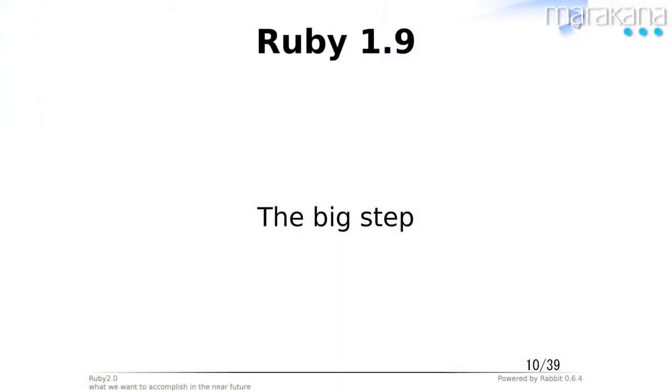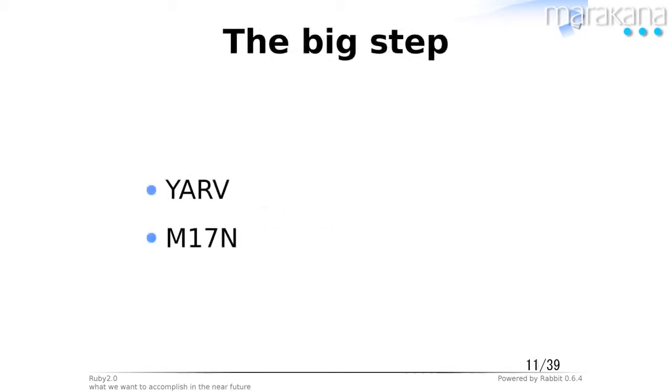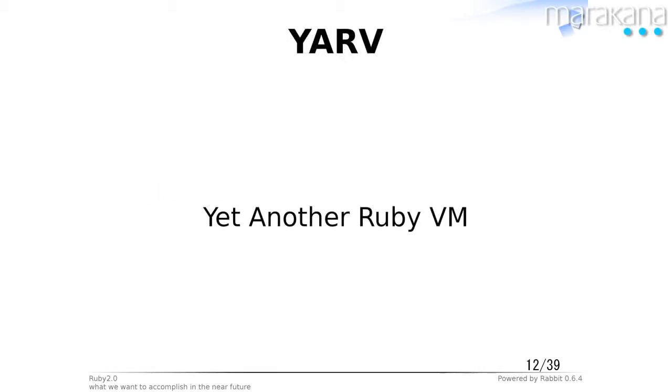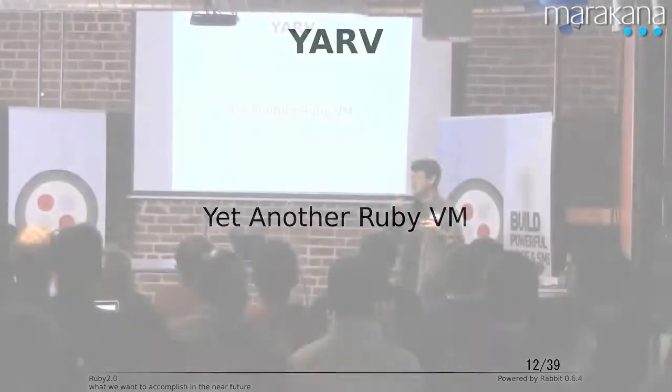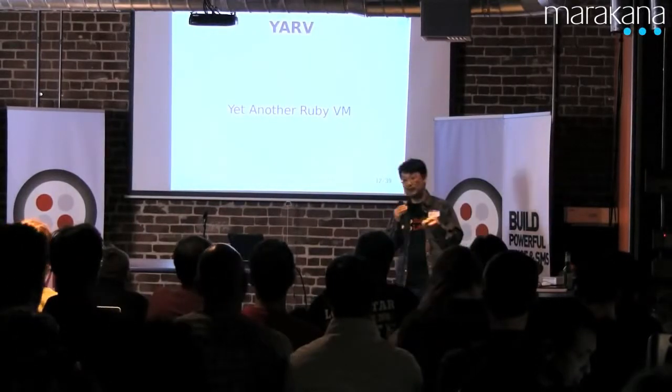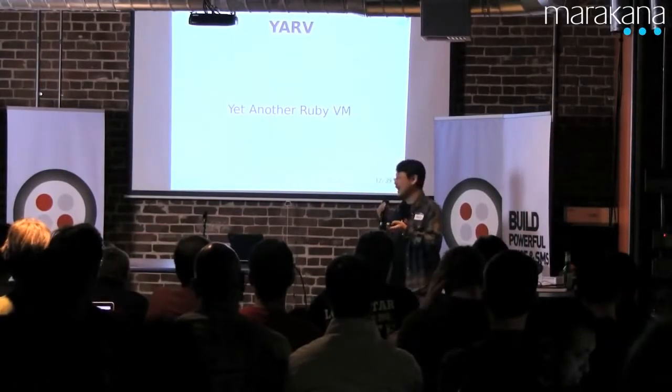Okay, and Ruby 1.9 was a big step. We introduced YARV, the virtual machine, and multilingualization. YARV stands for Yet Another Ruby VM. It started as a third-party side project, and there were so many Ruby virtual machine projects in the past.